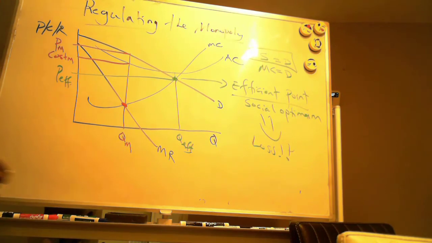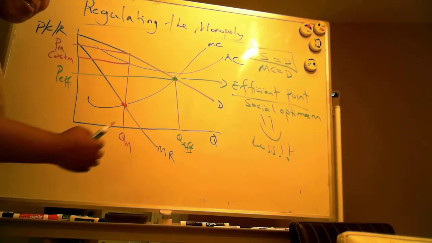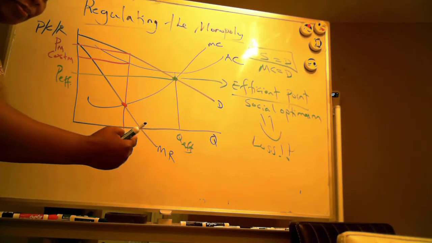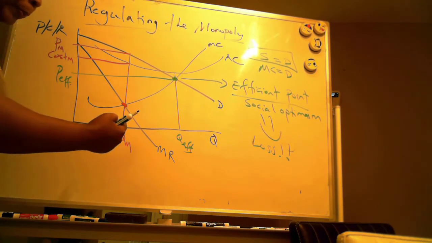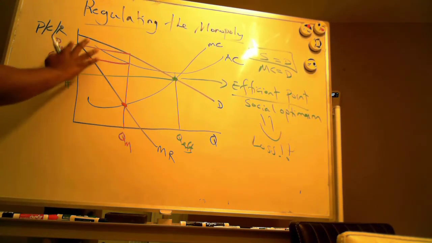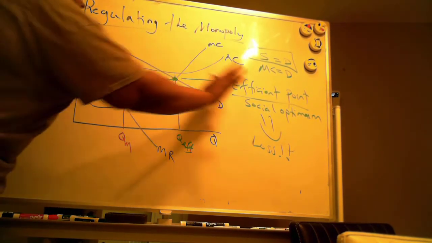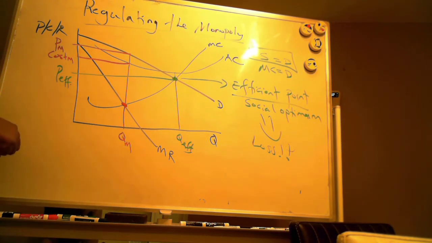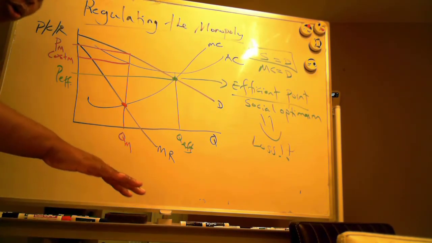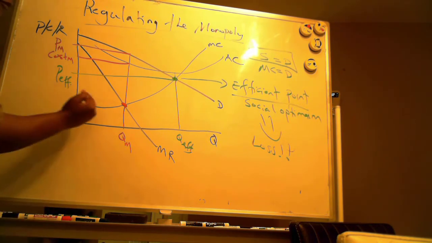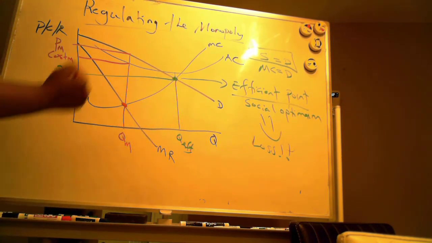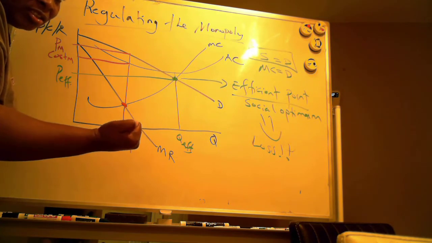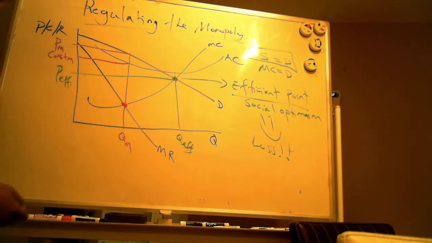Now the question is, can the government realistically tell a firm to move away from making profits and go into losses because it's the best thing for society? Well, we know it's efficient and the best thing for society, but the firm is going to say, no, I'm not doing that. So the first option of efficiency can lead to losses. And we see it right here.